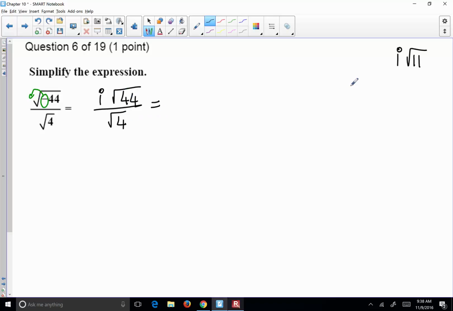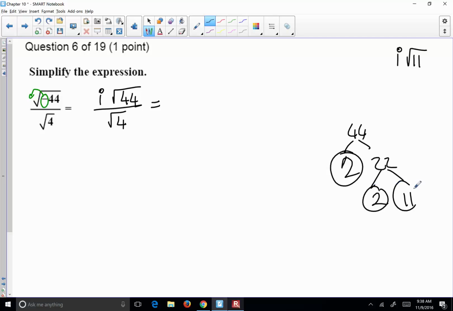Next, I break these numbers into powers and see who I can save from each radical. 44 breaks as, give me two numbers multiplying to 44. 22 and 2. This is locked. 22 breaks into 2 and 11. So you have double 2 there and a single 11. On the bottom you have double 2.